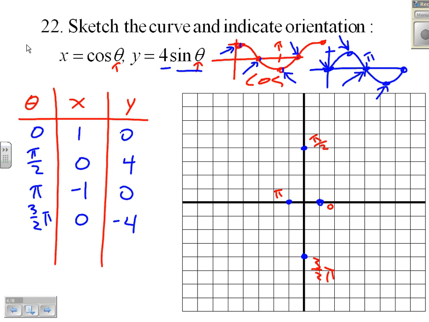Now, because there is no horizontal shifting or speeding up of the period, I can certainly expect 2 pi to give me the same values as 0. We're not speeding up the period, slowing it down, or shifting it. So this thing is going to start to repeat after that.